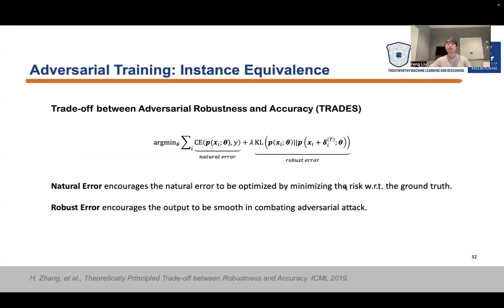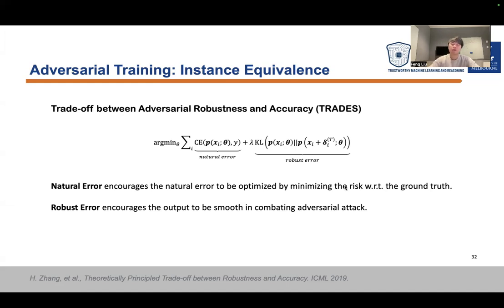So in the first pipeline, adversarial training, except for the basic adversarial training method, we want to train the model with the adversarial examples. In the TRADES paper, the authors also found this theoretical bound, and they found that we need to consider the trade-off between adversarial robustness and accuracy.